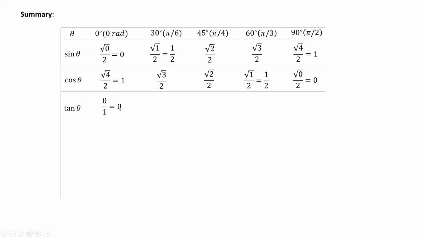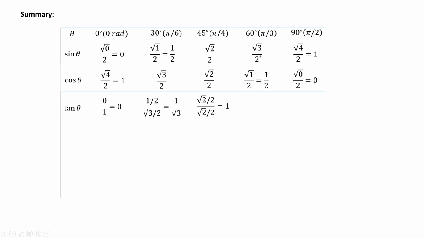0 over 1 is 0. Sine 0 over cosine 0. That's how I found tangent 0. And 1/2 over square root of 3 over 2 gave me 1 over square root of 3. And quite nicely, square root of 2 over 2 over square root of 2 over 2 is 1.